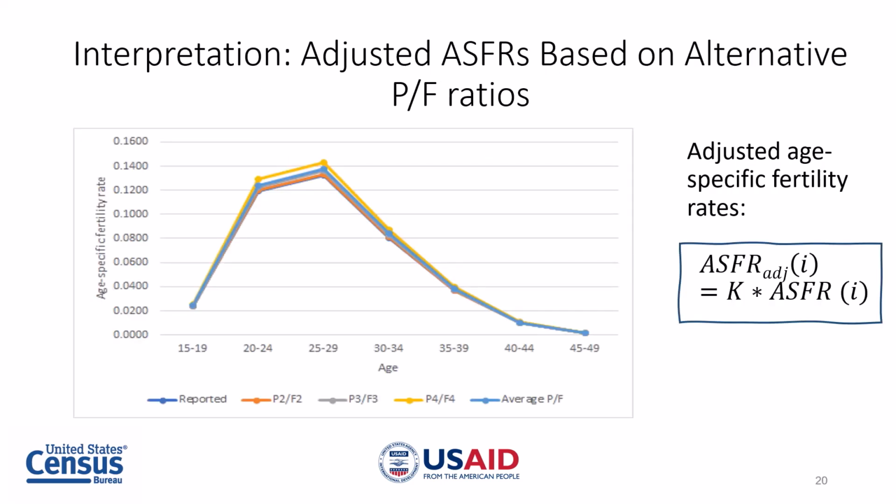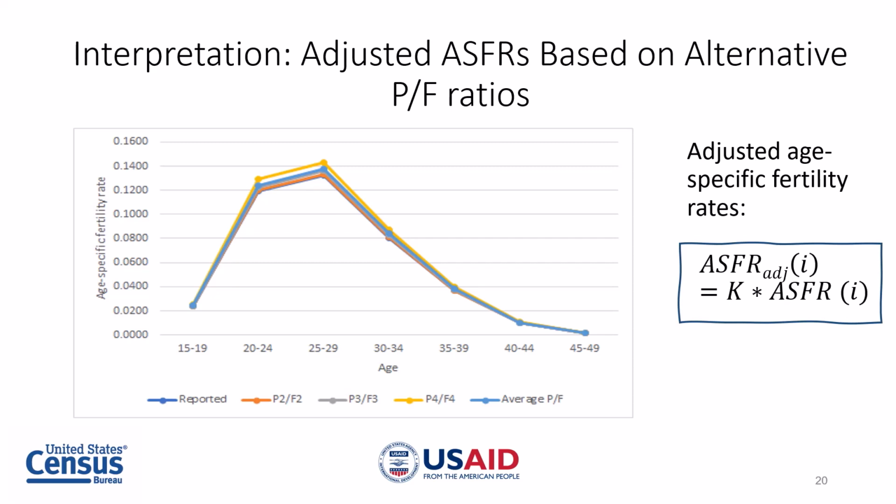This figure shows the difference in adjustments using different PF ratios. Unadjusted or reported age-specific fertility rates are shown in dark blue. Age-specific fertility rates adjusted with the PF ratio for ages of mother 20 to 24, or P2 over F2, are in orange.